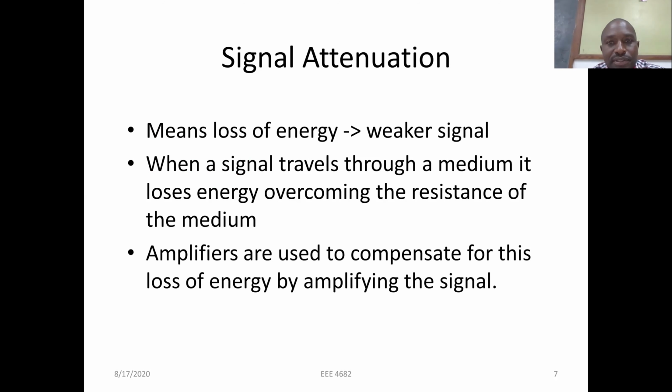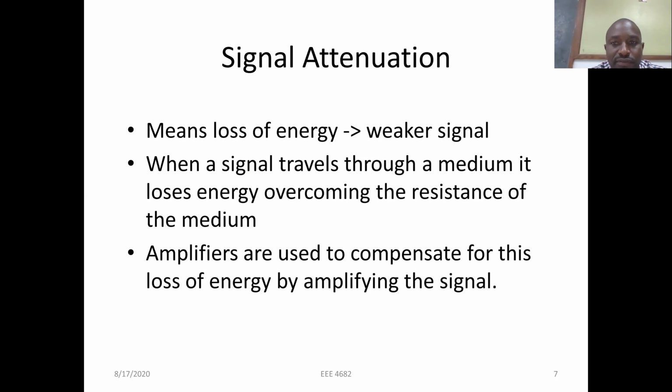Next, I want us to talk about signal attenuation. As the signal travels between the transmitter and the receiver over some given channel, this signal is bound to lose some energy or become weaker, largely due to distance. So basically, it will lose its energy.